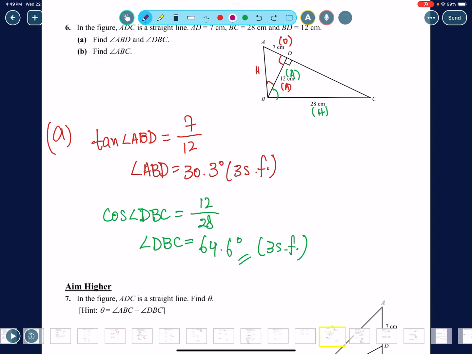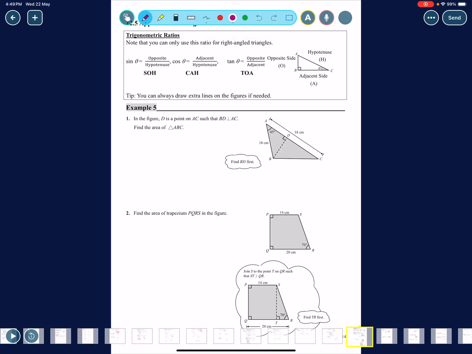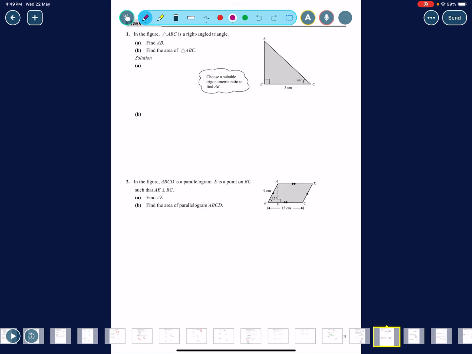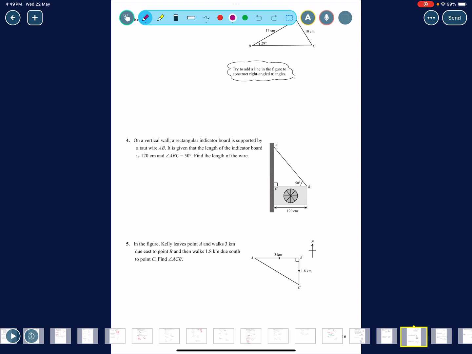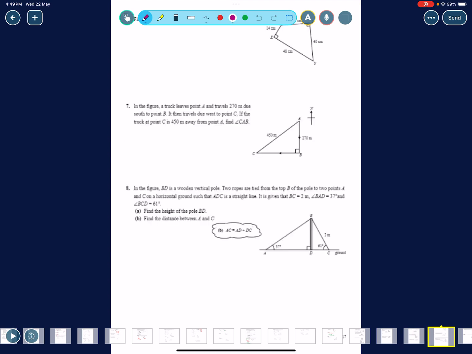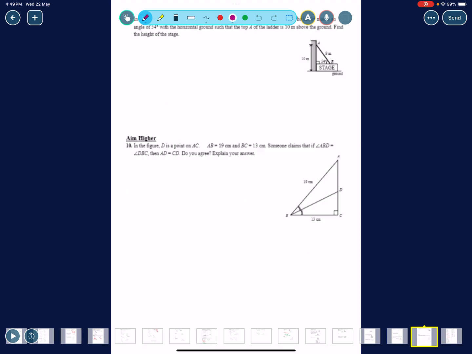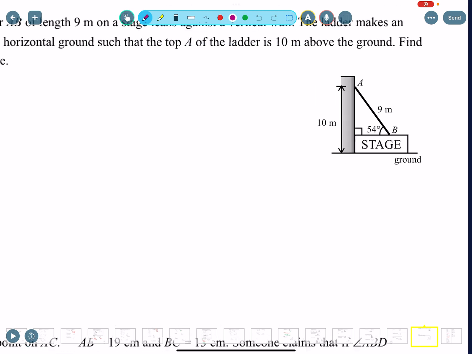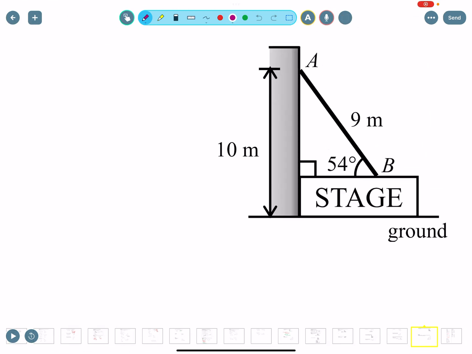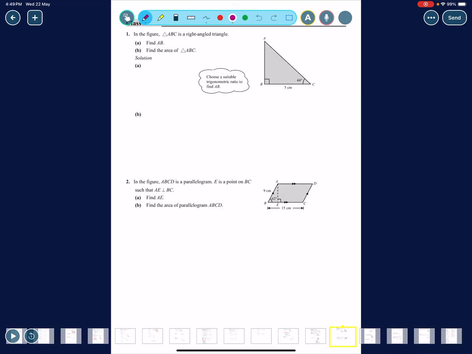Basically, that's it. For applications, not really gonna go through them. You're most likely gonna use SOHCAHTOA, and the questions are just more contextualized. Basically, real life questions. You can probably just try to apply SOHCAHTOA into the questions. Try to imagine how can I use SOHCAHTOA in these kind of questions, right?